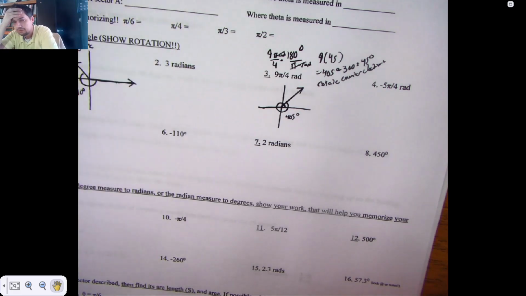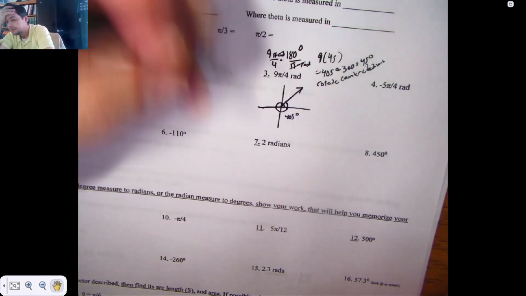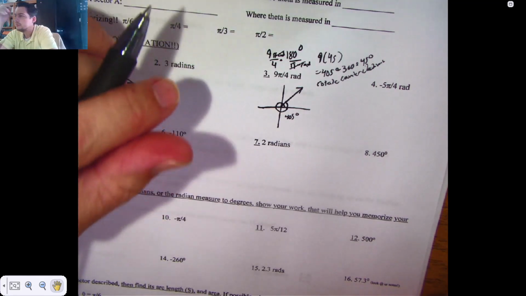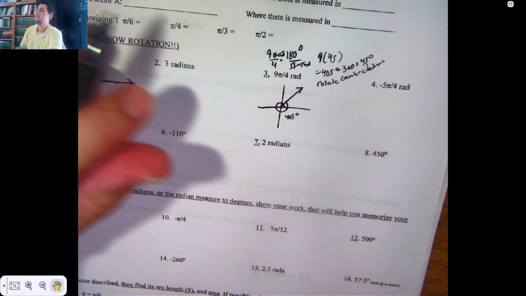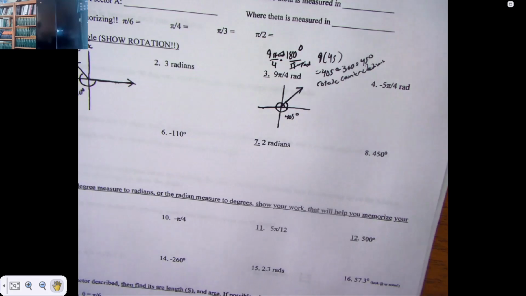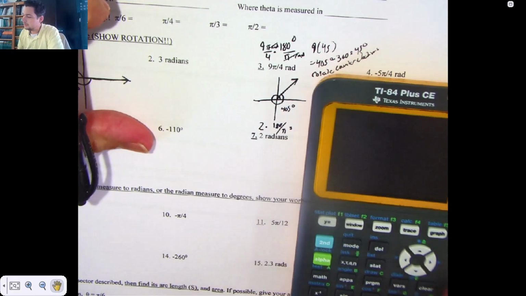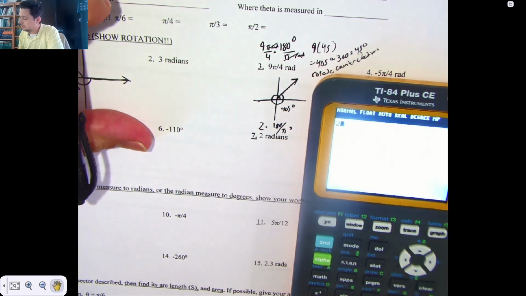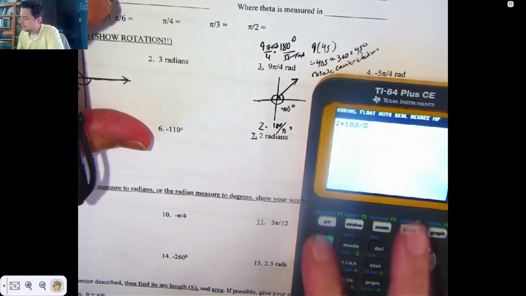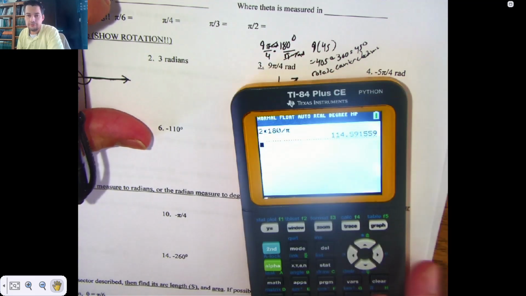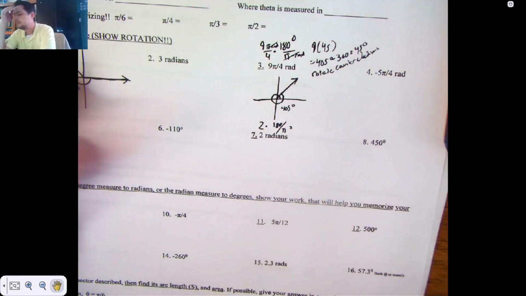Number 7 is 2 radians. You can either memorize that a radian is about 57 point, what is it, 2 degrees? It's either 57 or 57.3. Or you can just use your little formula. I think it's 57.3 degrees. But you can just take your 2 radians and multiply it by 180 over pi. So 2 times 180 over pi is roughly 114.59 degrees.